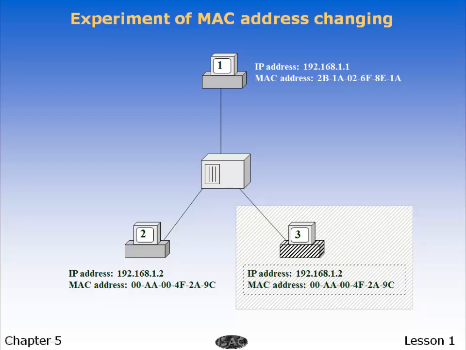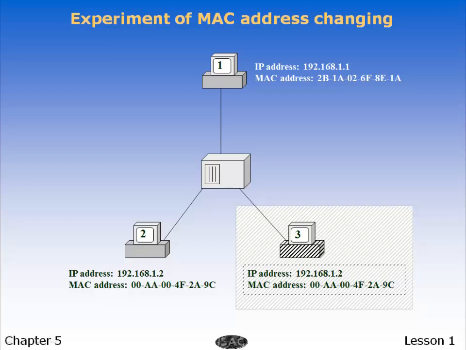So it means that computer 2 and computer 3 look at their MAC tables and see that two different MAC addresses are available for one IP address. Thus, they block the networking to prevent an overall network fault.